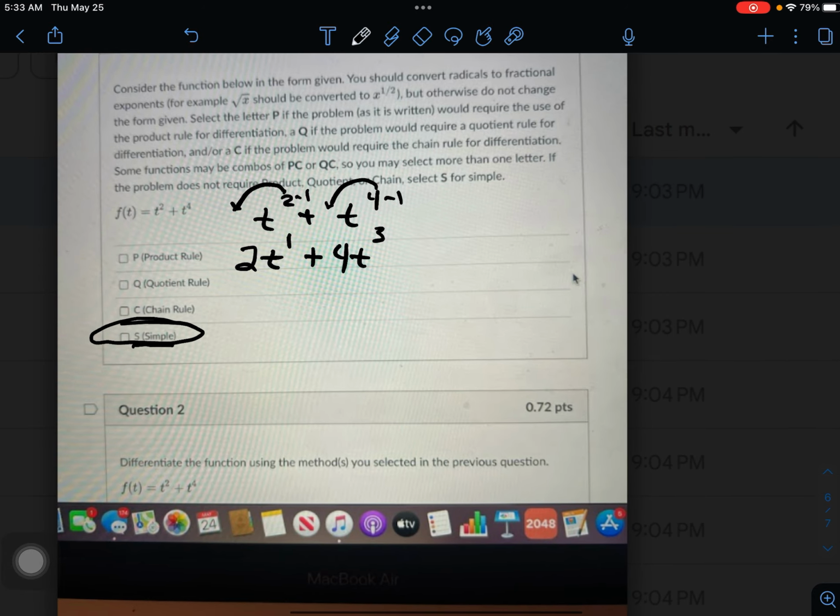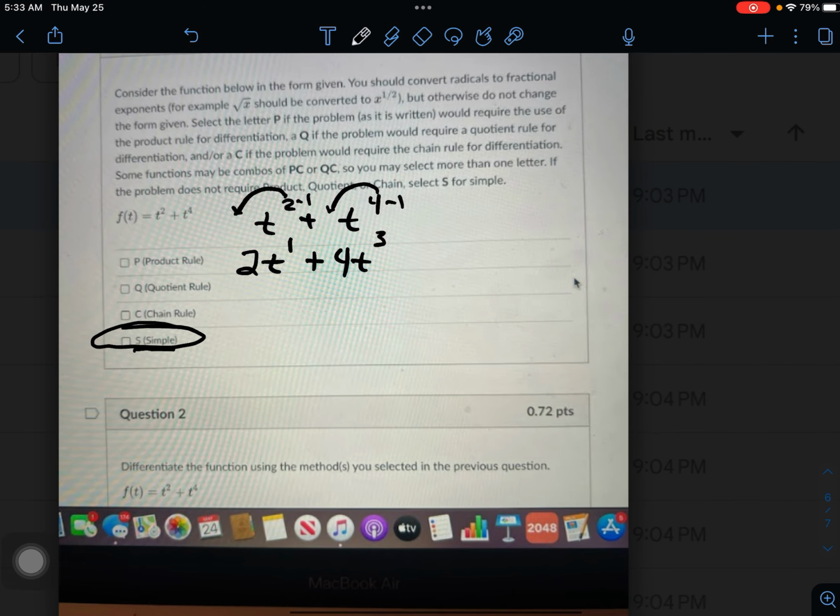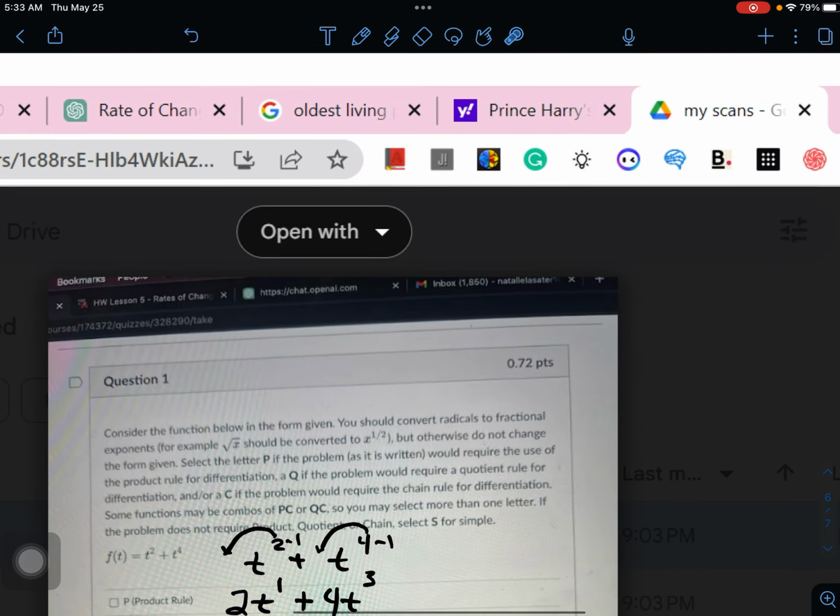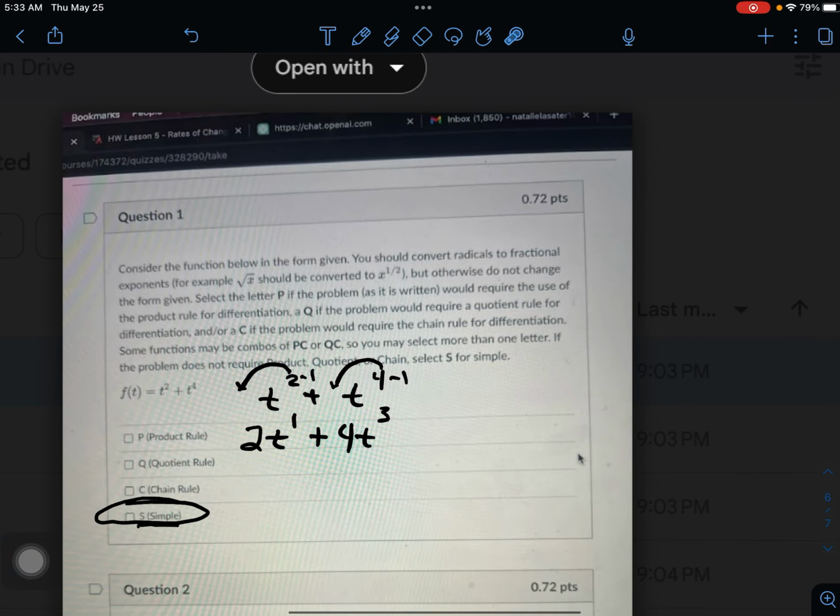Then it says differentiate. I'm down here on this next problem. It says differentiate the function using the method that you selected. Well, we just did that, because that's the same function, and I just differentiated it right here using the power rule, which they call simple. They're calling it S, simple.